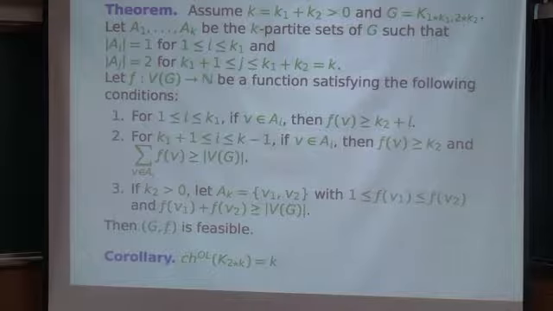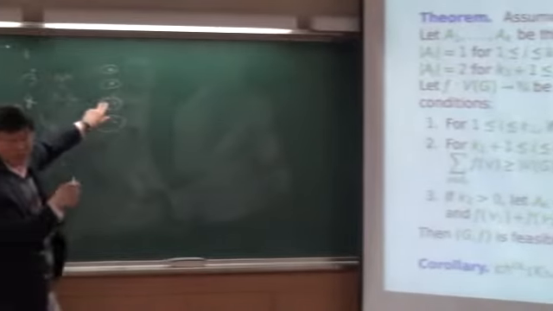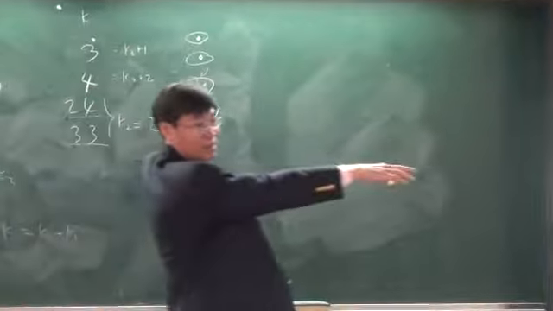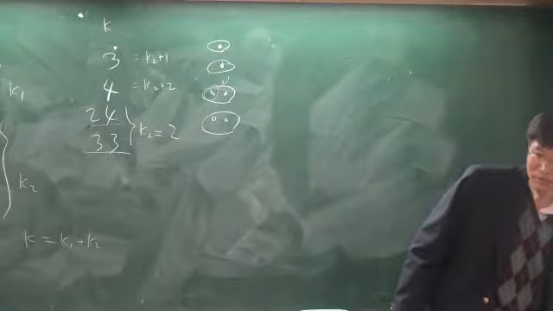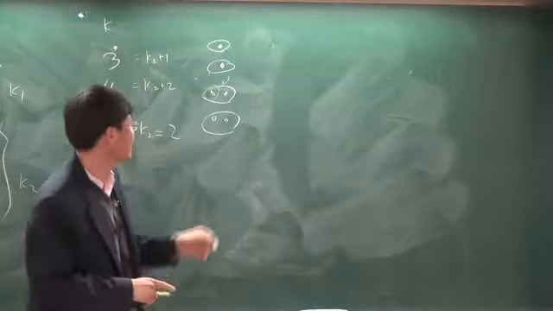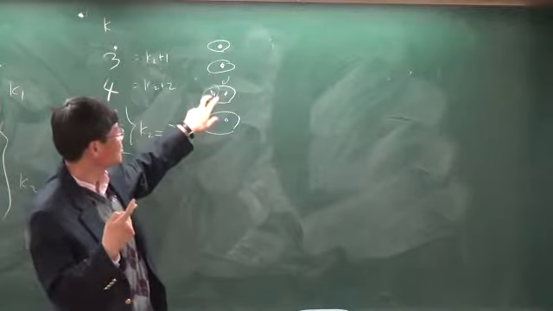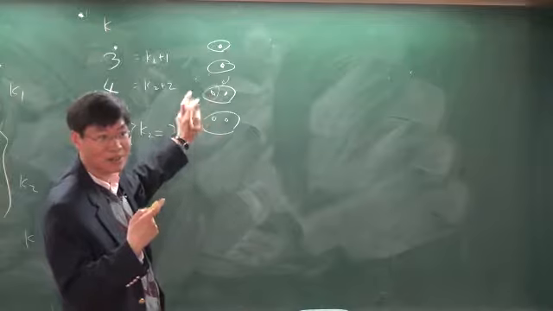Yes. So we delete one vertex nicely, then the new graph still satisfies this condition, and by induction the new graph is feasible. That means Bob is able to color, and then Bob can also color this one at the last moment.